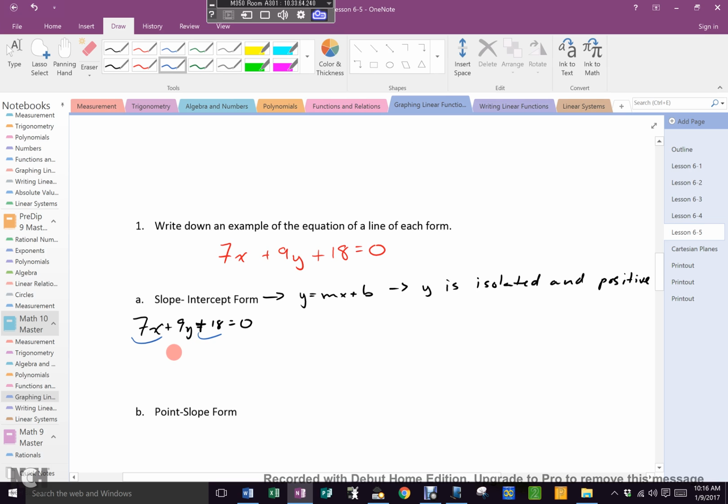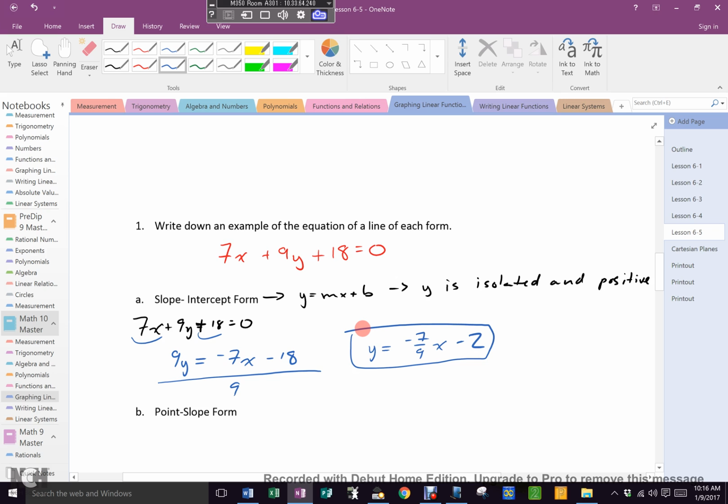What should I write here? 9y equals negative 7x minus 18. Now what? Divide everything by 9. Y equals negative 7/9 x minus 2.